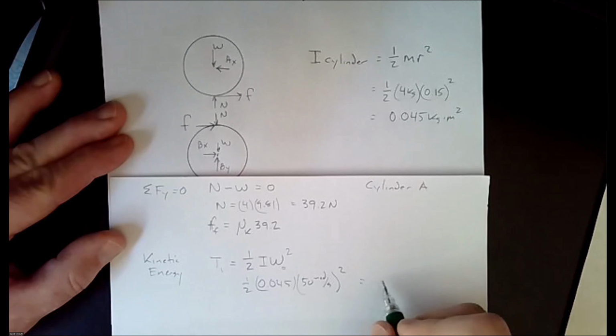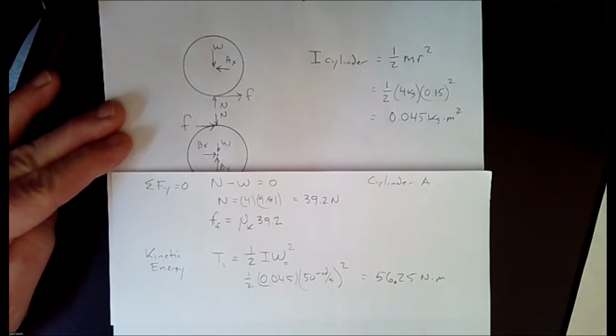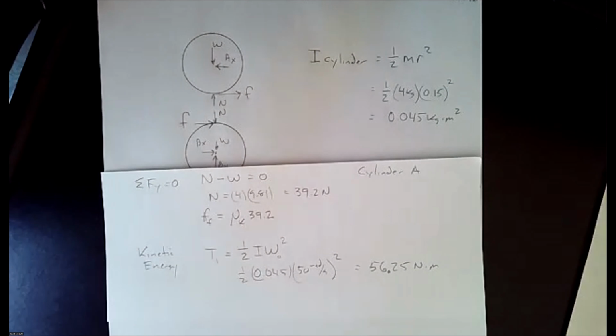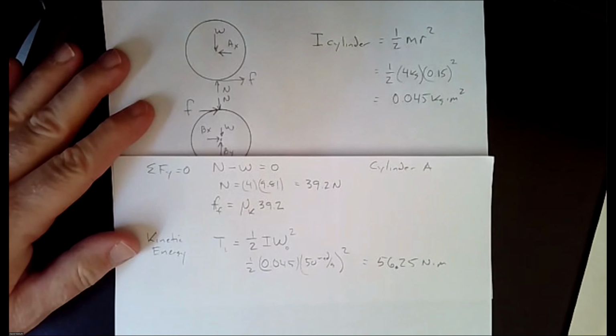And that gives me 56.25 Newton meters. Okay. So that's just the kinetic energy that the system has to start, because the only kinetic energy is that of the rotating cylinder.